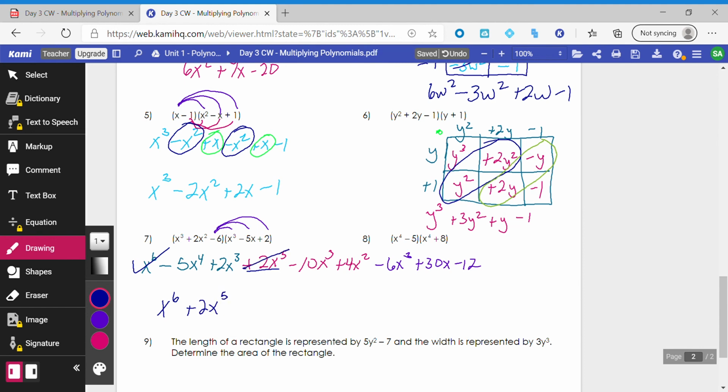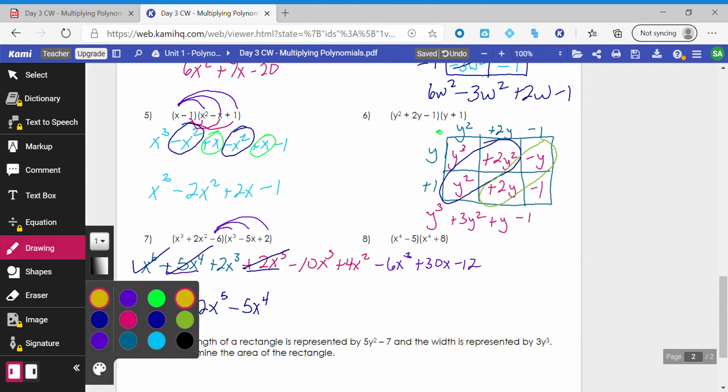Next up, I look for exponent of 4. Here we see we got negative 5x to the 4th. Do we have any other x to the 4th in our long expression here? The answer is no. So again, it's going to be part of our answer, minus 5x to the 4th. So after 4, we look for 3. I see we have a different color here.